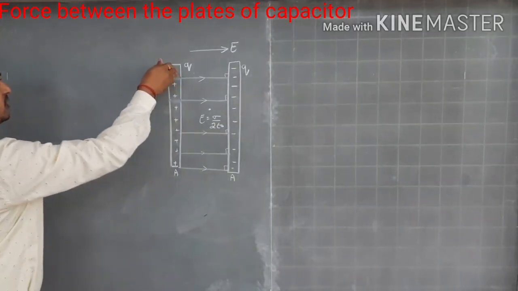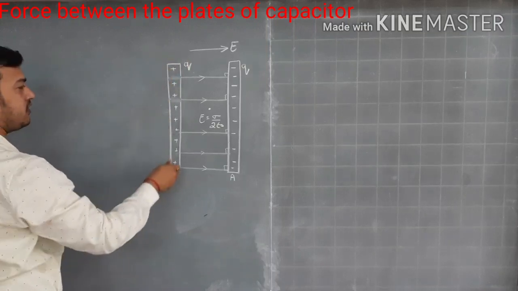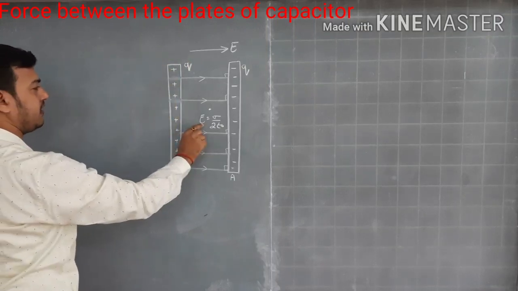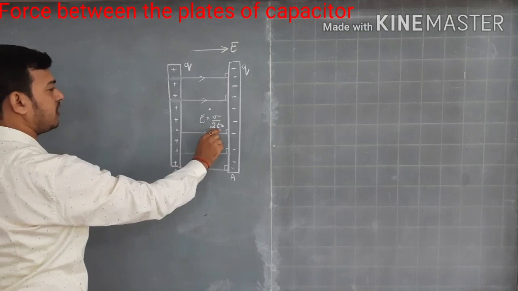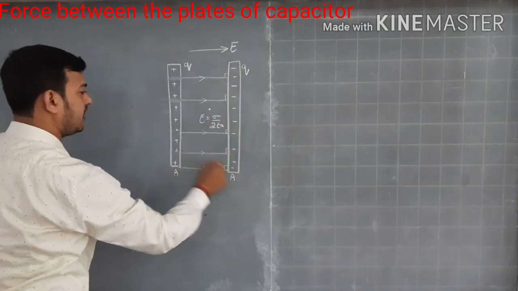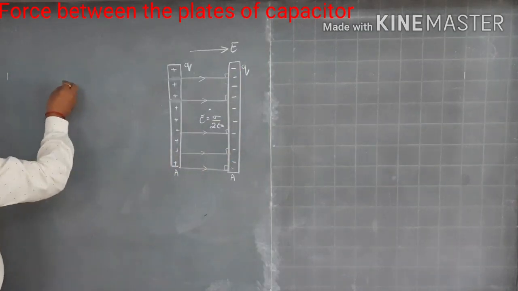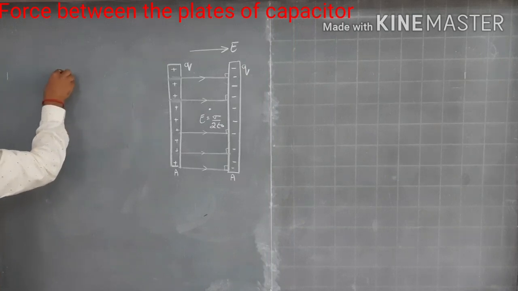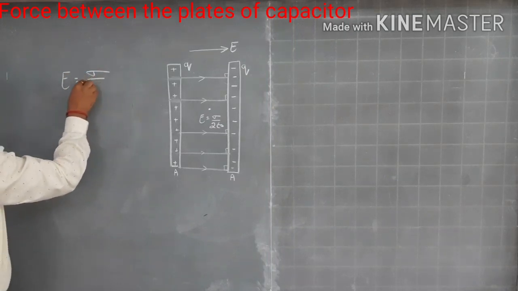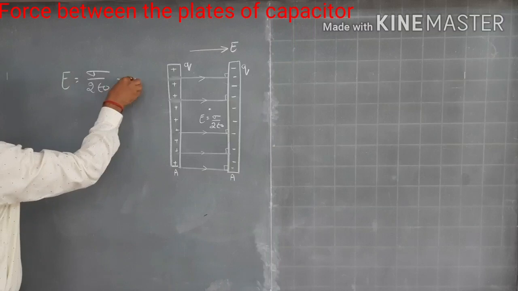So this plate containing positive charge is placed in an electric field of sigma by 2 epsilon naught produced by the negative charge plate.